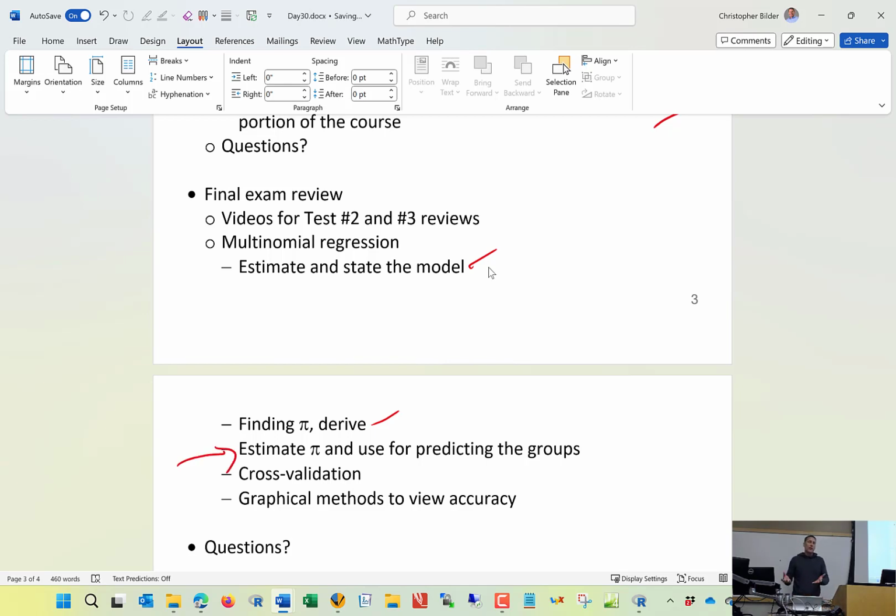Perhaps on the formula sheet itself, you actually will see the equations for pi 1, pi 2, and pi 3. And I would say, okay, show me how you would find pi hat 1. Show me how you would find pi hat 2. Then what would you do next to figure out, should I predict group 1, group 2, group 3 for this particular observation?